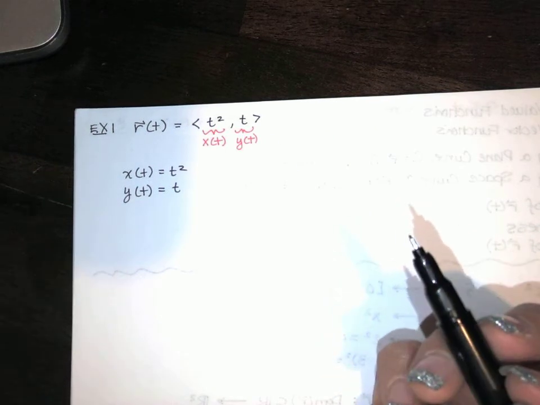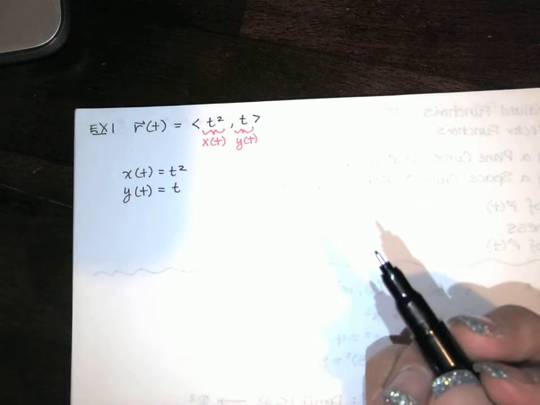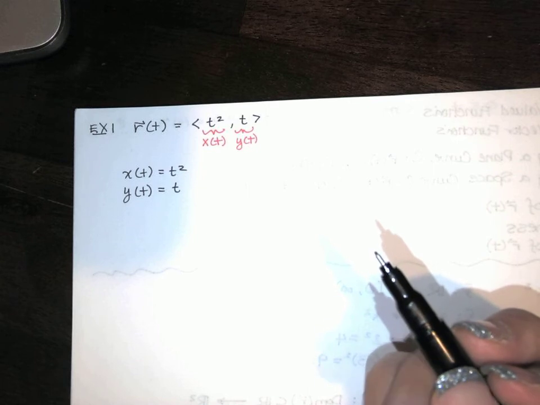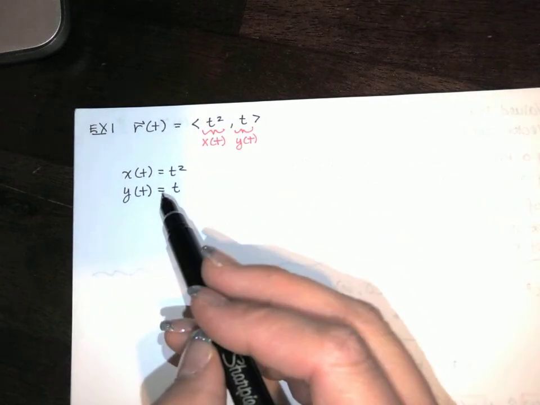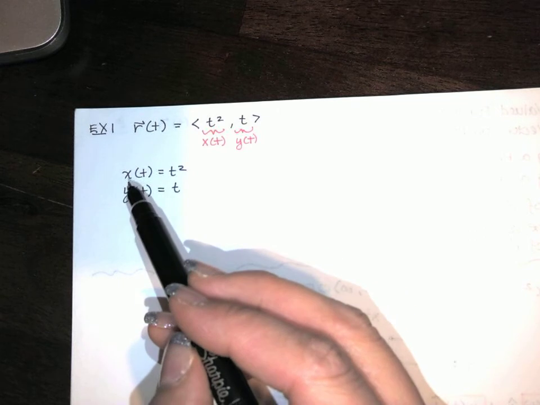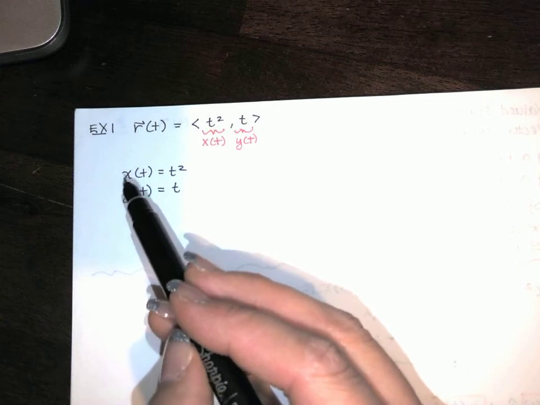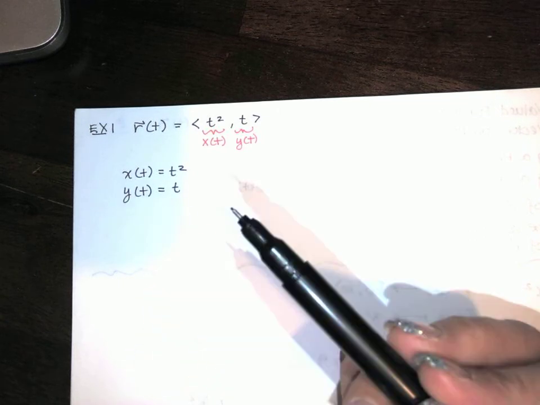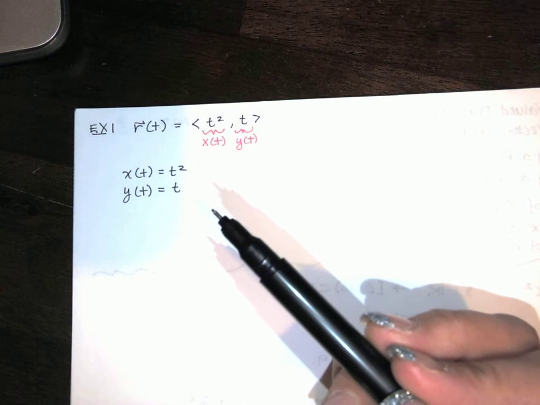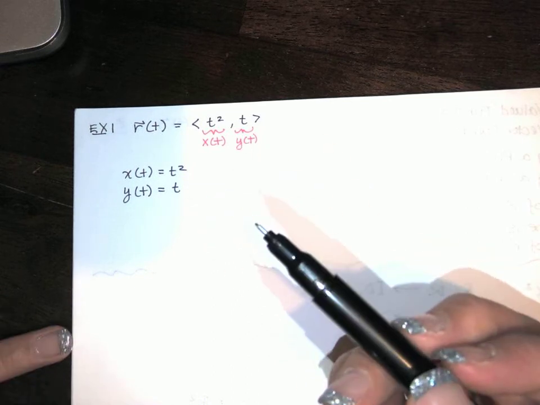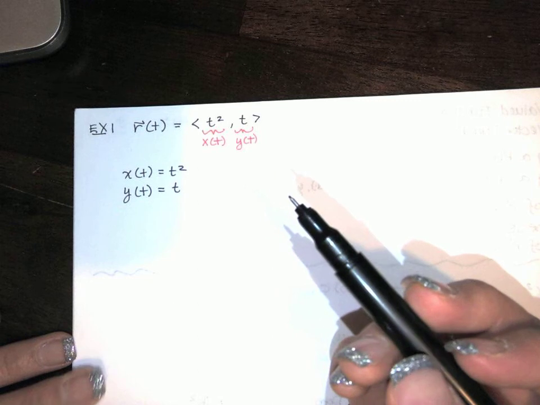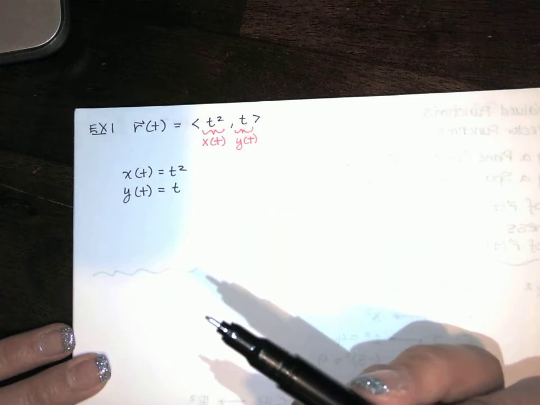Now, if I want to graph this curve, one thing that we typically do is we eliminate the parameter t. So we're trying to get rid of the t here and just find a relationship between the x and the y so that we can graph it the same way that we graphed y as a function of x or x as a function of y back in pre-calculus or algebra class. So it's actually pretty simple with this one.